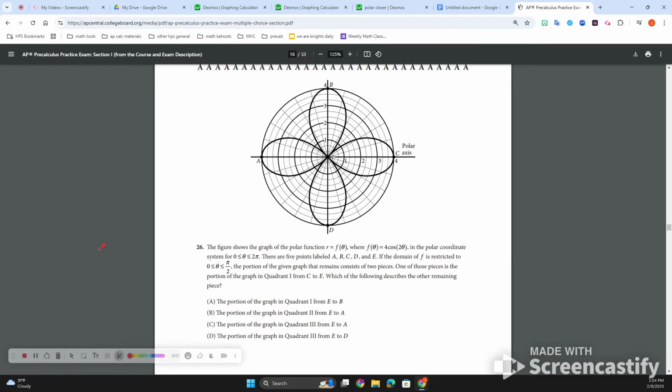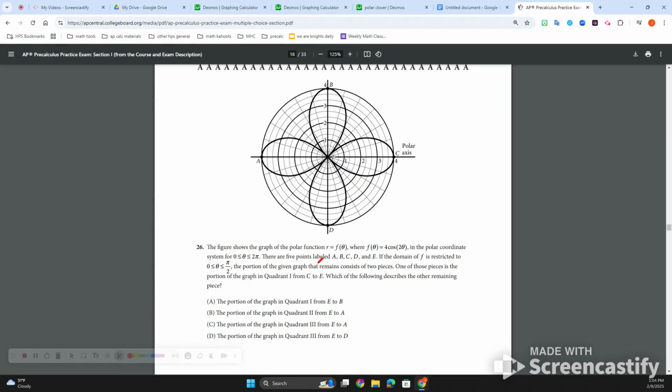The question shows a graph of a polar function. There are 5 points labeled A, B, C, D, E.